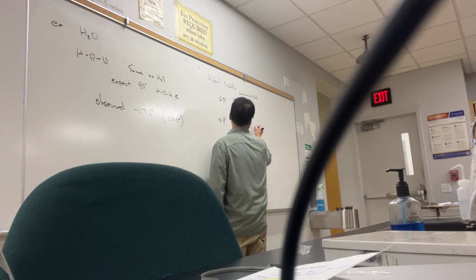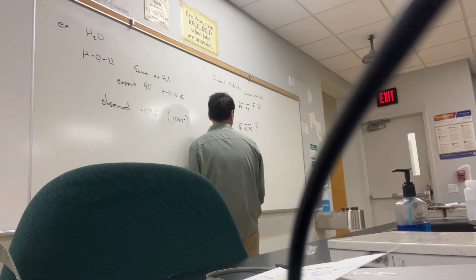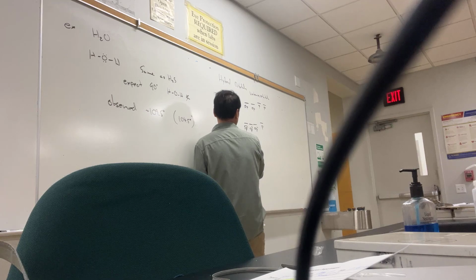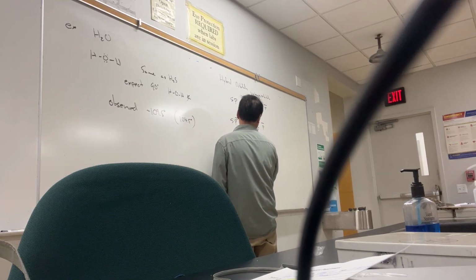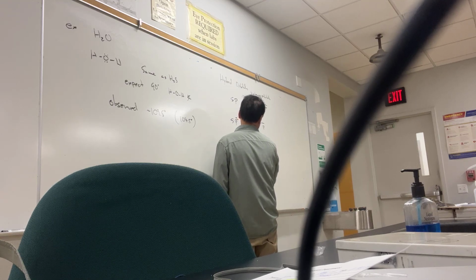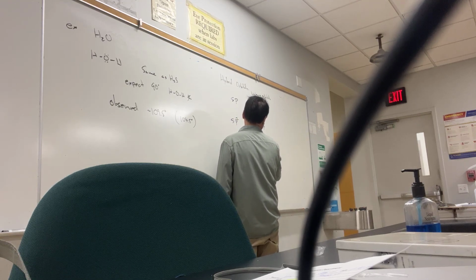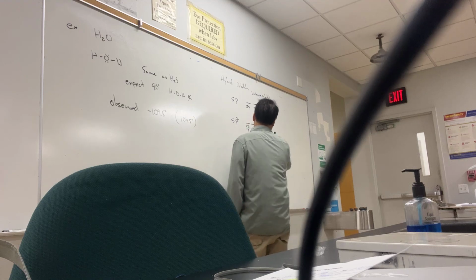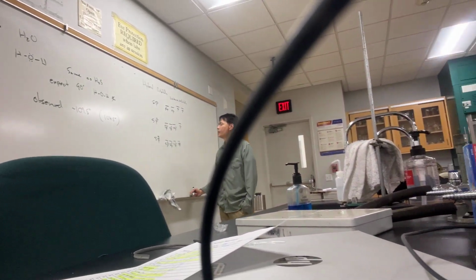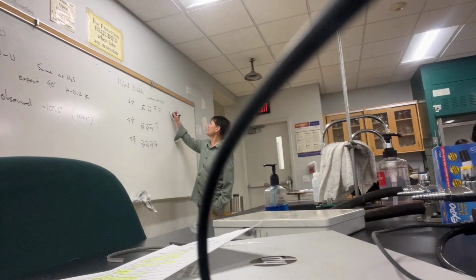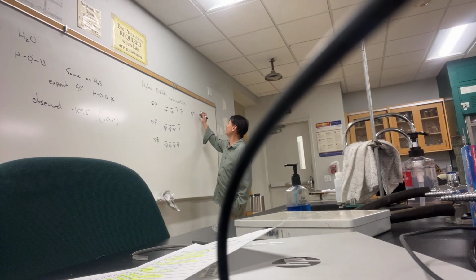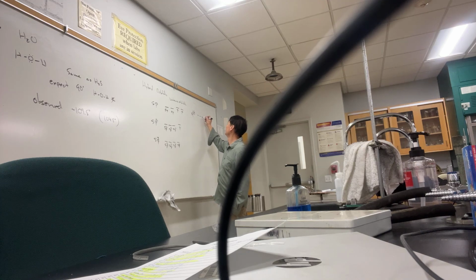Then we have the sp3d orbitals. There are five of them. Each of these is an sp3d, sp3d, sp3d, sp3d, sp3d. And then there are 1, 2, 3, 4 unhybridized d orbitals here.